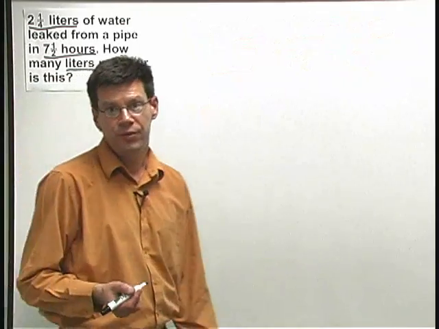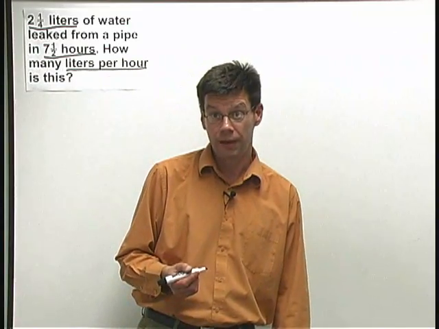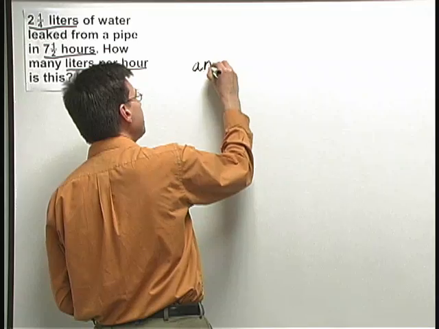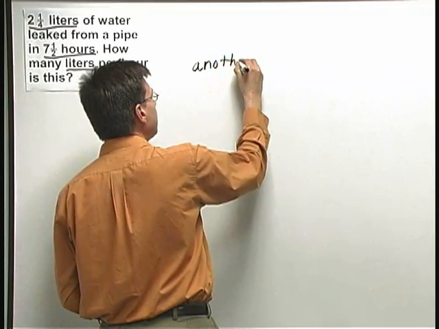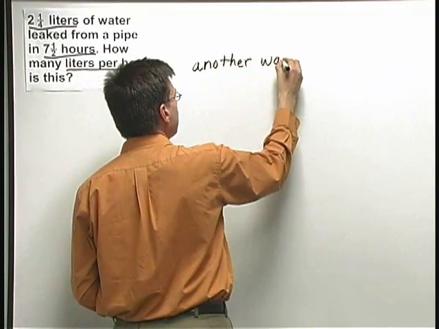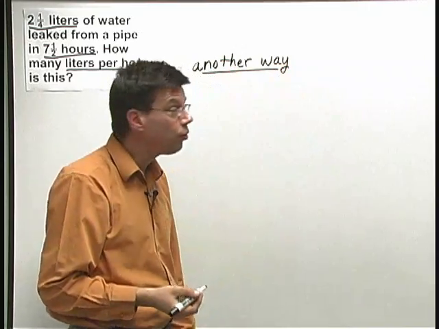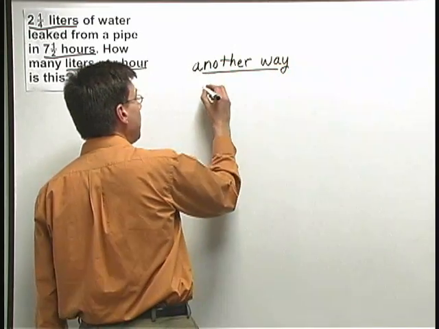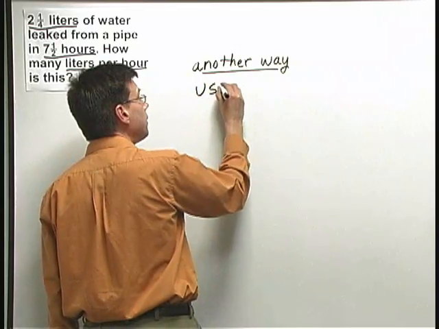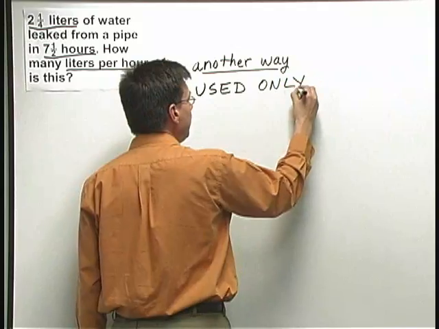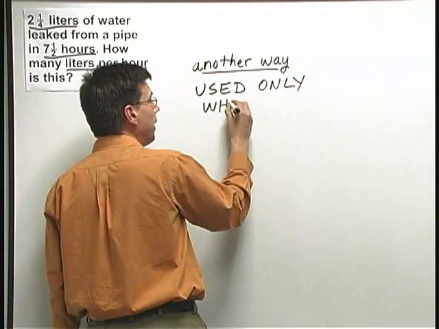I'd like to take a few seconds to look at another way to solve this problem. The same problem we just did. This other way that I'm talking about can only be used when we're finding a rate. Used only when finding a rate.